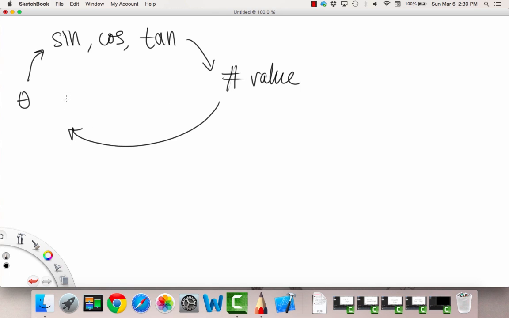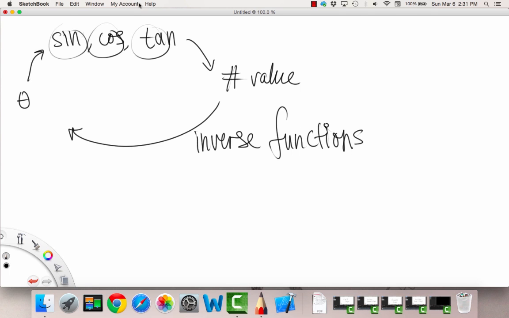Whenever we want to go backwards, we need what's called an inverse function, because it's like a machine that does the opposite operation. So we're going to need some inverse functions, one for each of these. This inverse function is going to take in some value and figure out what angle we had to put into our sine or cosine or tangent.